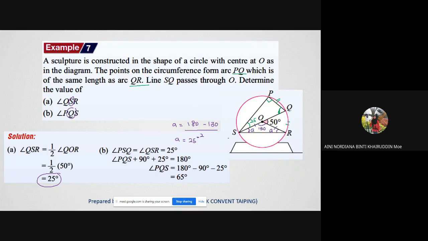So if QR here is 25, here also 25. So to calculate this angle, 180 minus 90 minus 25. Here is 90. 180 minus 90 minus 25 equals 65.